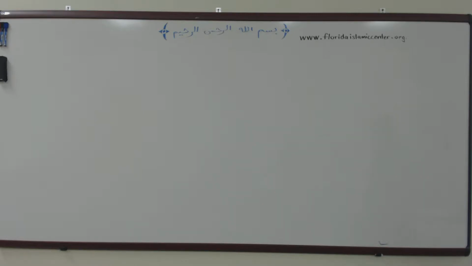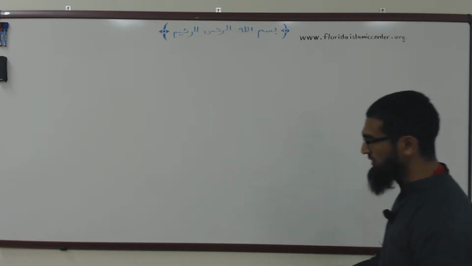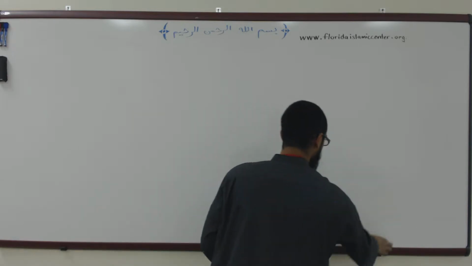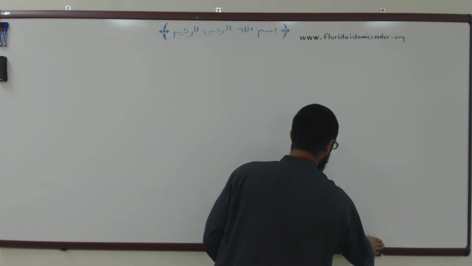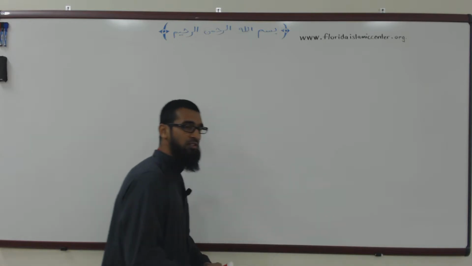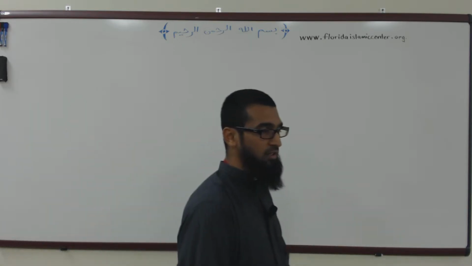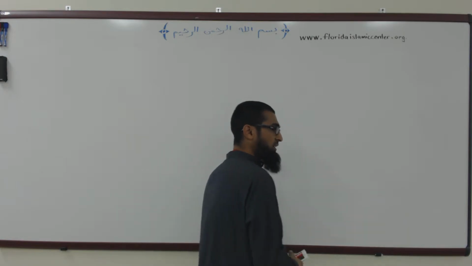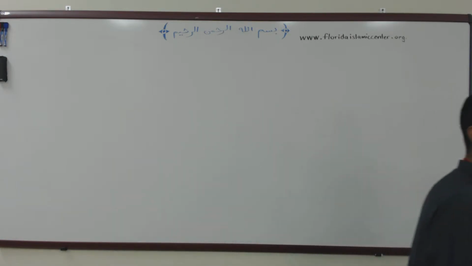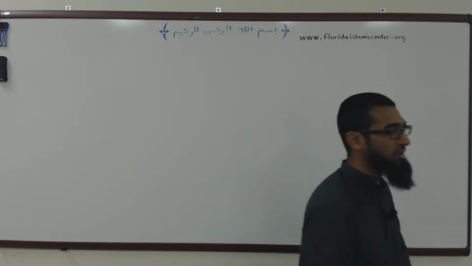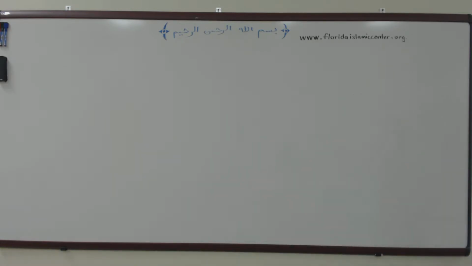Alif is used to elongate the fatha. And which one is used to elongate the kasra? The ya is used to elongate the kasra. And what about the dhamma sound, the u sound? The waw.